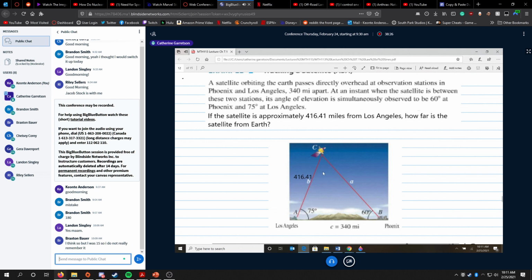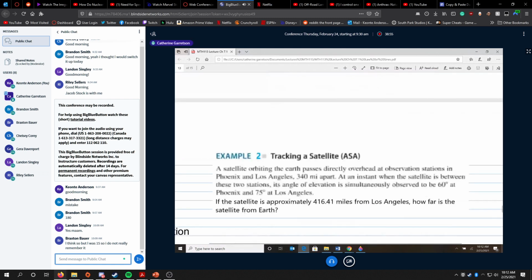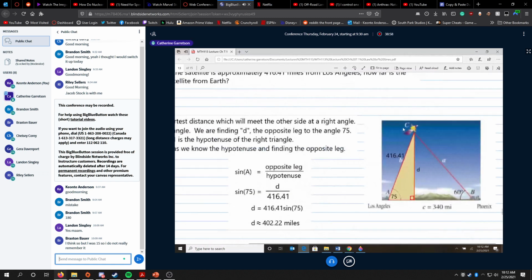So we're going to drop a straight line down to this Earth where it meets the Earth at a right angle. And that's the distance we want to find. So what we're going to do is subdivide this big triangle into two triangles such that they're both right triangles. And then we're going to find that side. So distance from the Earth is always going to be the shortest distance, which meets the side at a right angle.